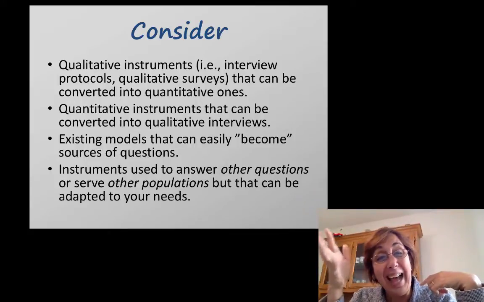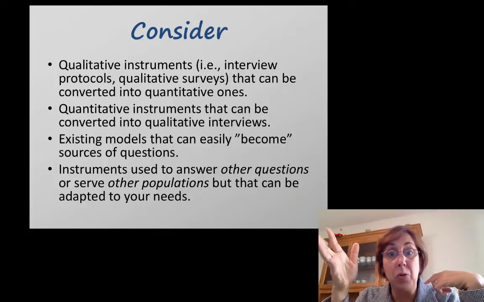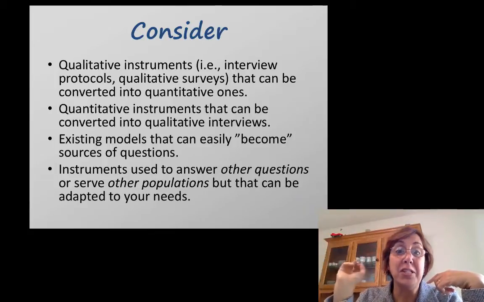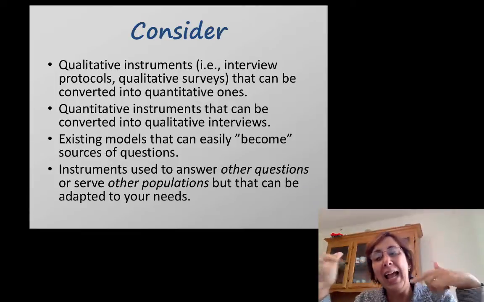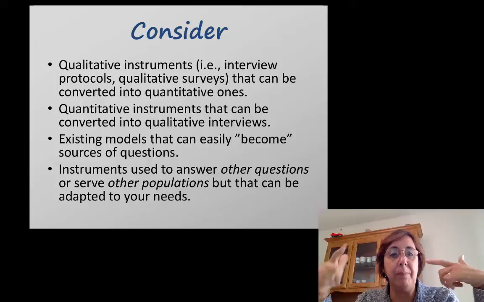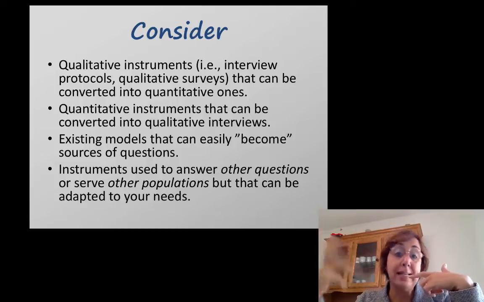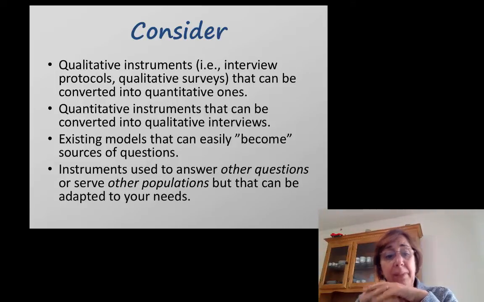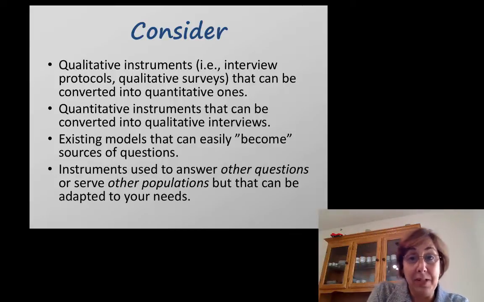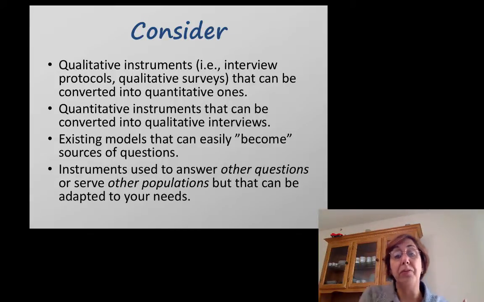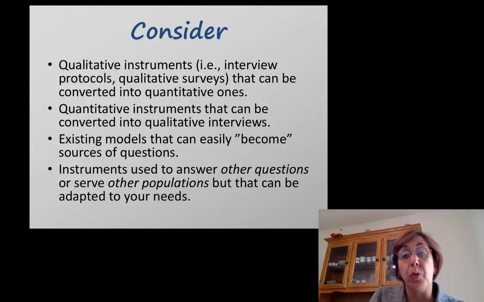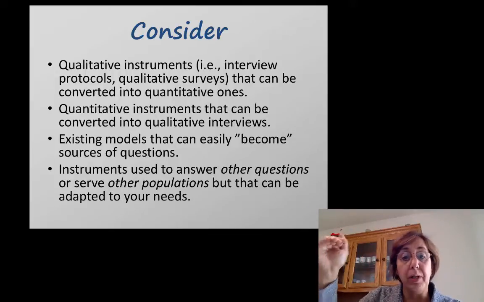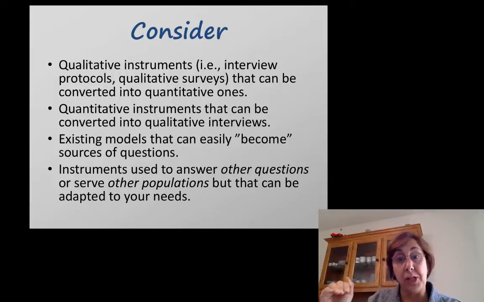You know where you find that is a really good source is dissertations and theses, because dissertations and theses, unlike normal articles, have to publish the instruments that they used at the end, so it makes it easy for you to see. Likewise, quantitative instruments can be transformed or converted into qualitative interview questions.